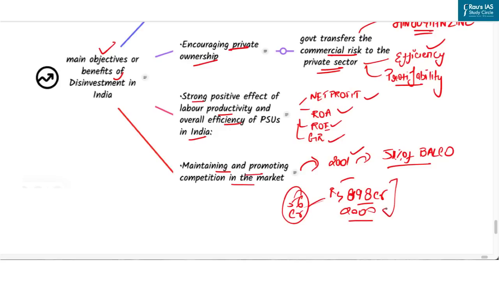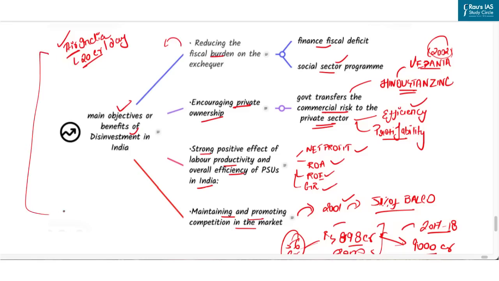But in fiscal year 2017-18, that is after disinvestment, its turnover is around 9,000 crore. Here you can see the difference between post-disinvestment and pre-disinvestment. So these are the main objectives or benefits of disinvestment in India.